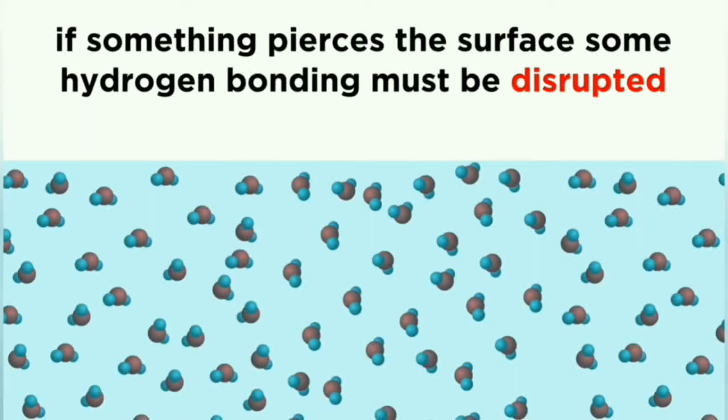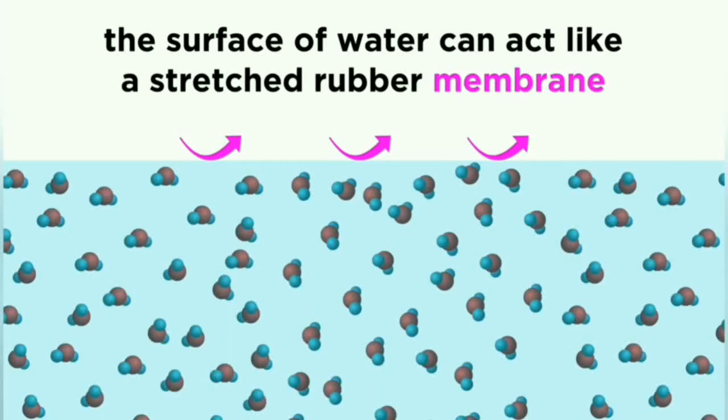If an object like a bug were to pierce the surface of the water, some of the hydrogen bonds would have to be disrupted, as some of the volume would then be occupied by something other than water molecules. That is why the surface of any body of water can act almost like a stressed rubber membrane.